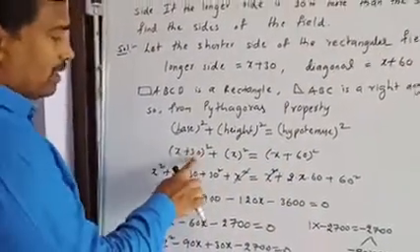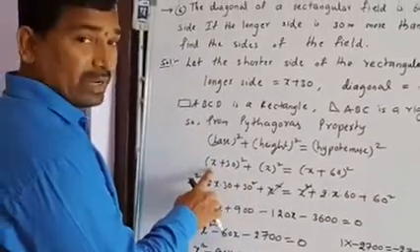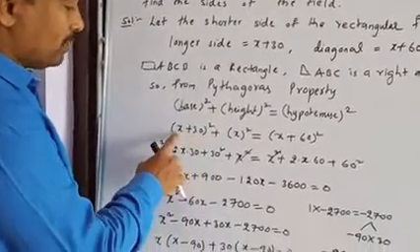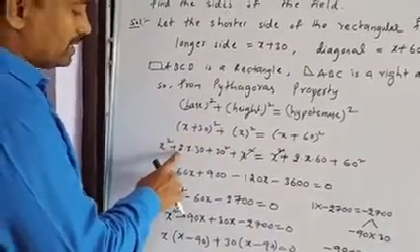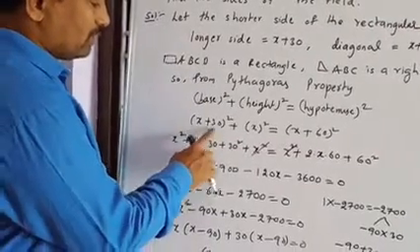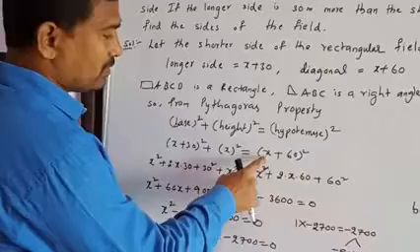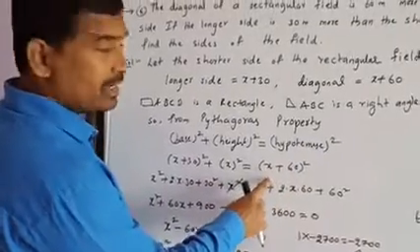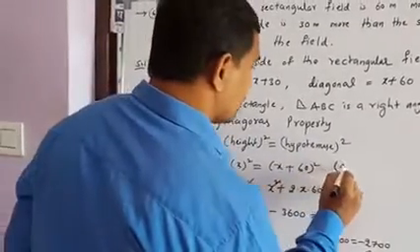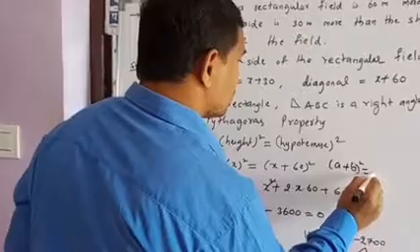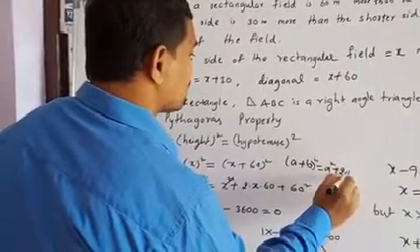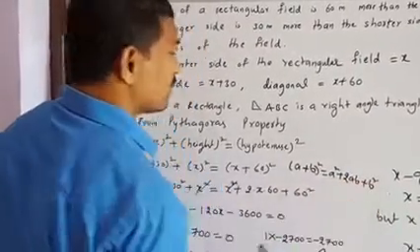Expand using (a plus b) whole square: a square plus 2ab plus b square.